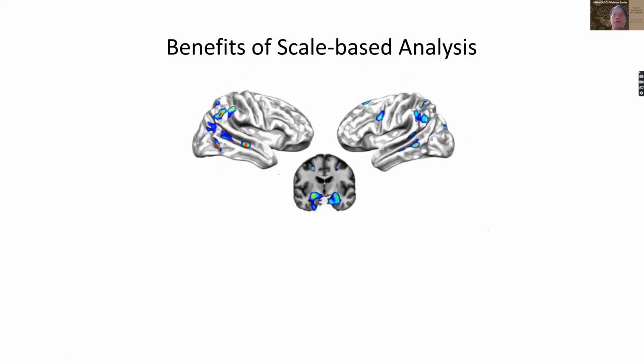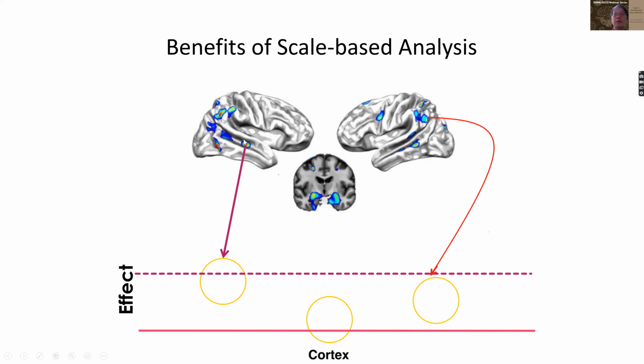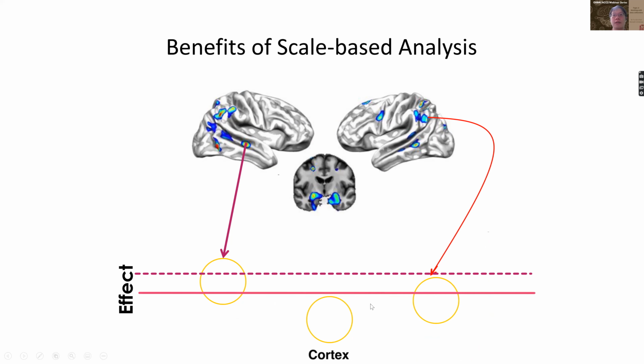Specifically, for example, if this is a region of interest, and if this is another region of interest, and if we set the statistical threshold here, then this point is significant. If we set the threshold here, then these 2 regions are significant.